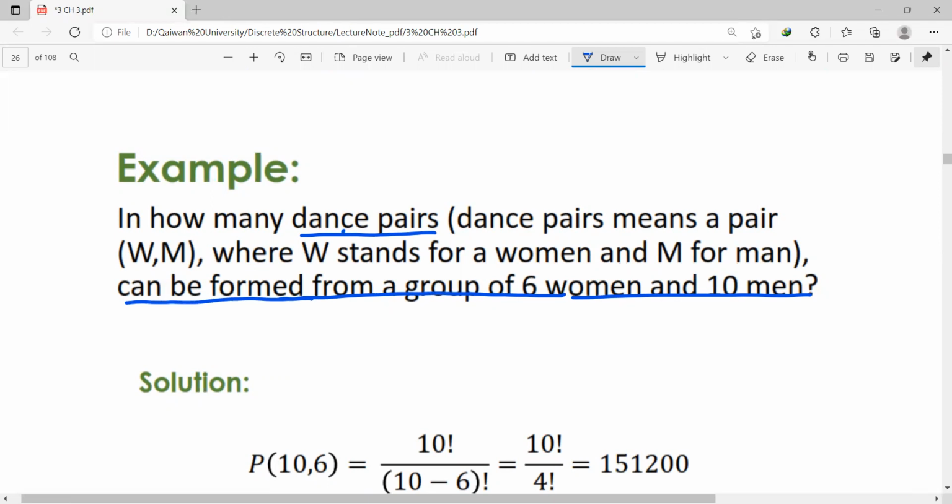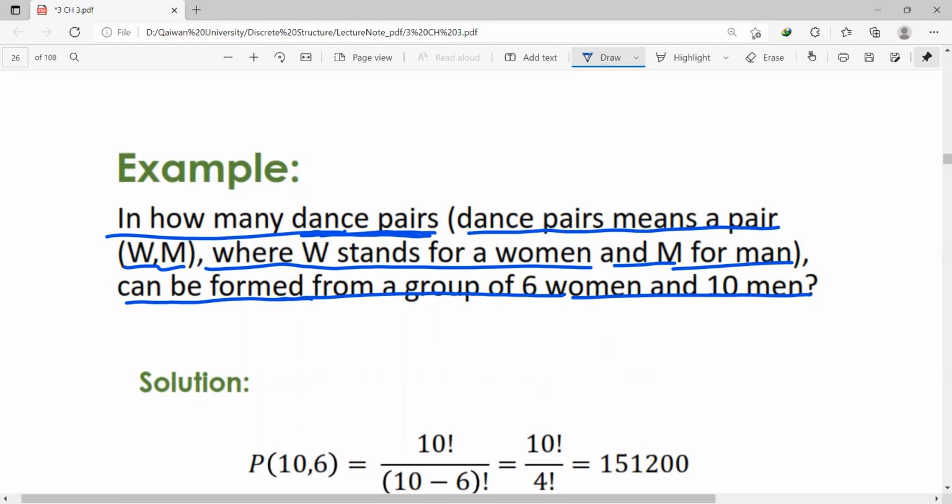Okay, we should find the number of ways to make the dance pairs from a man and woman together. Dance pairs means a pair of a woman and a man, where W stands for woman and M is for man.